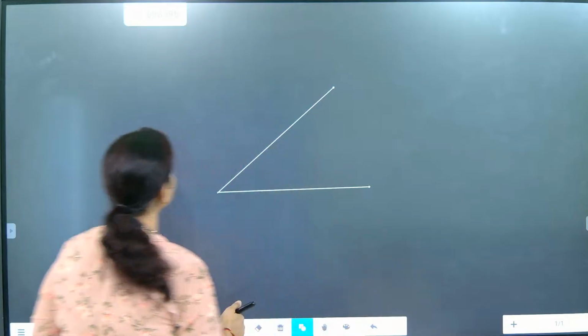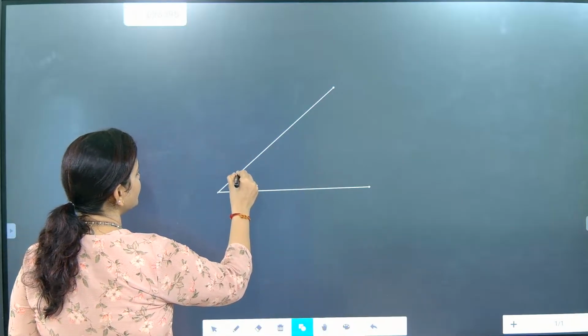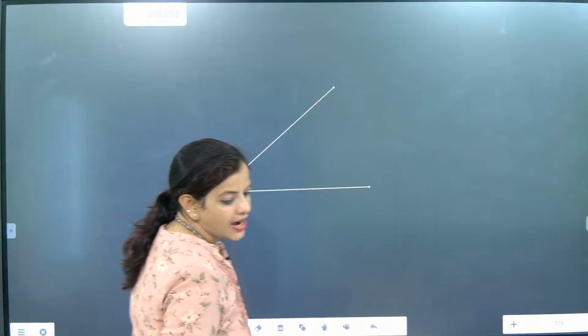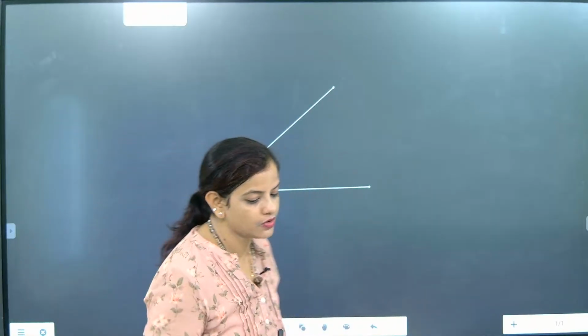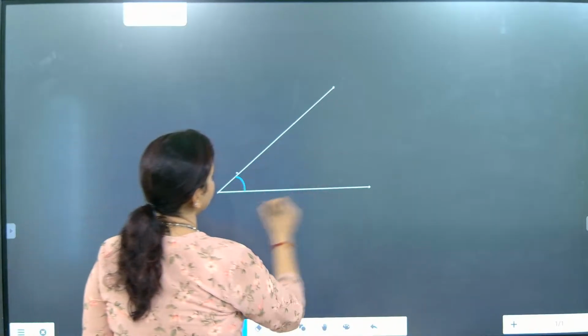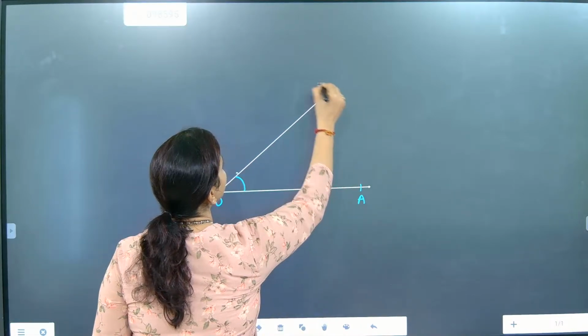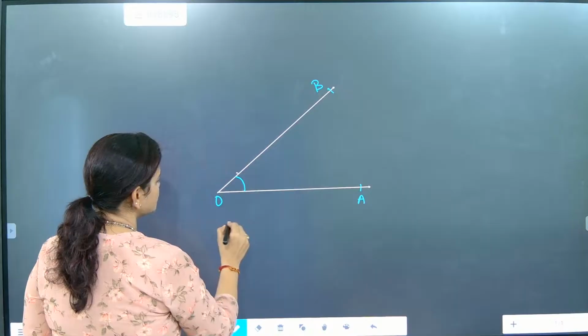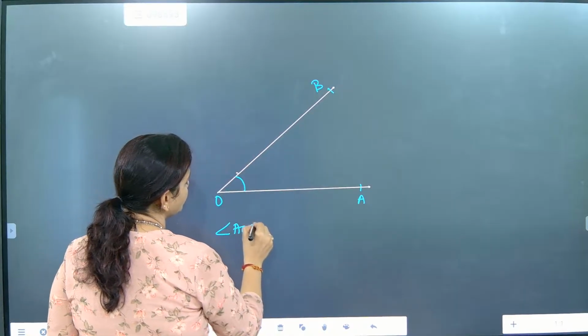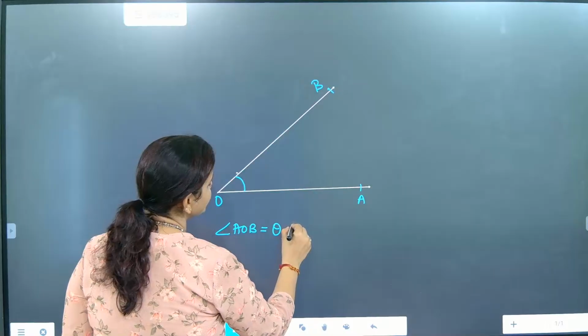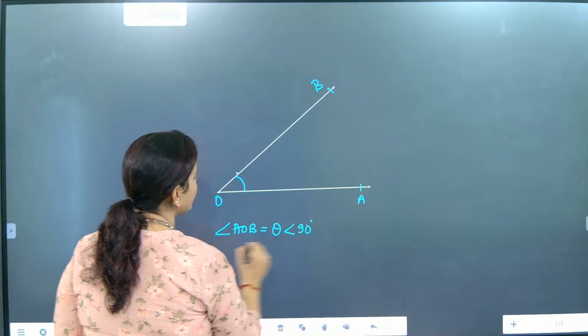We are going to do the next work. Here it is called the origin. We are now going to study adjacent angle and acute angle. What is the meaning of acute angle? Here we are going to take O. We take two rays, and the angle subtended between them is theta, and theta should be less than 90 degrees.